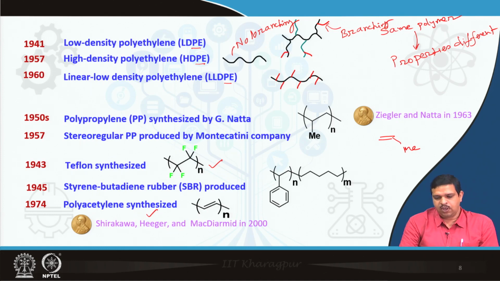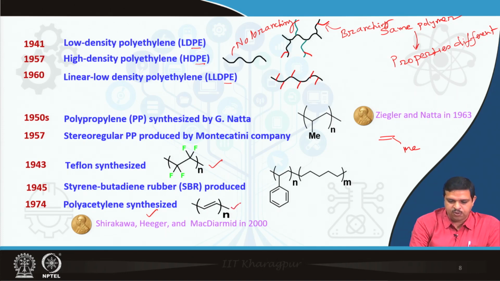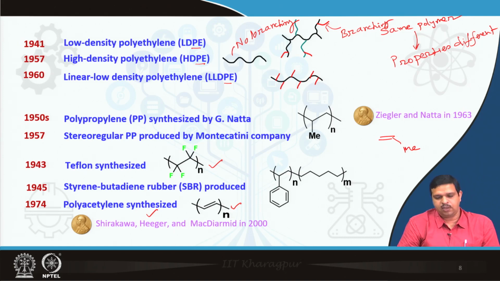So, you see that most of the polymers are basically electrically insulating. All polymers are regarded as non-conducting materials, but this is the first category of polymers, discovered by Shirakawa, Heeger and MacDiarmid, and for that they were awarded the Nobel Prize in 2000.